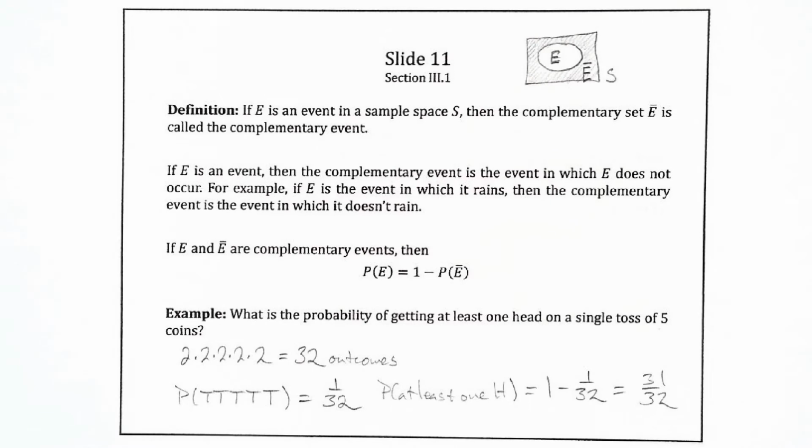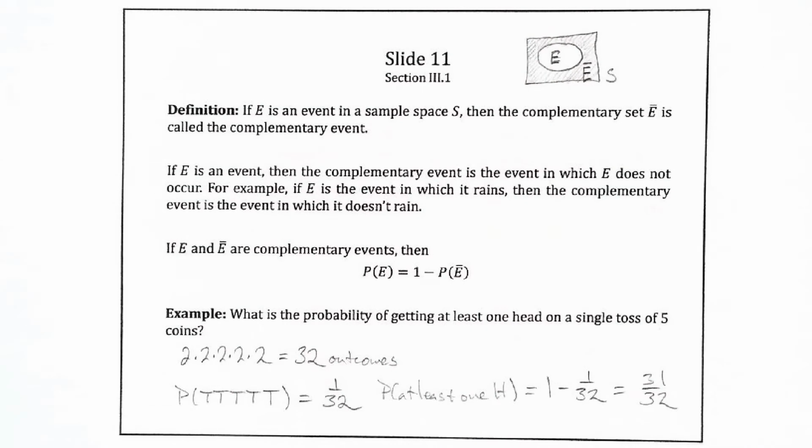And so you see that's a lot easier than trying to count all the different ways I could get at least one heads. Heads, heads, heads, tails, heads, heads, and so on and so forth, right?